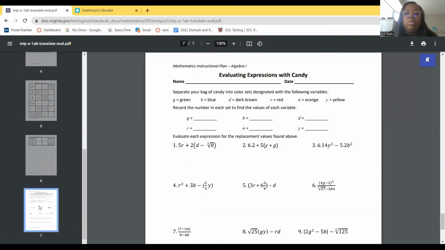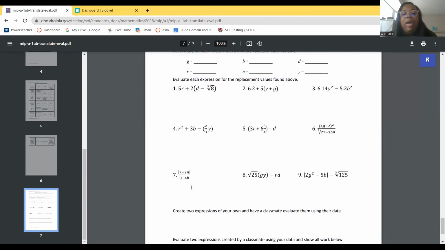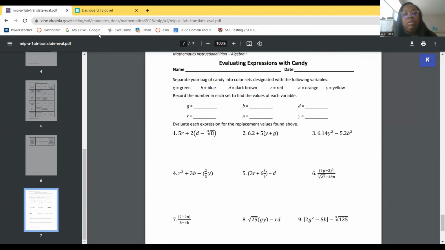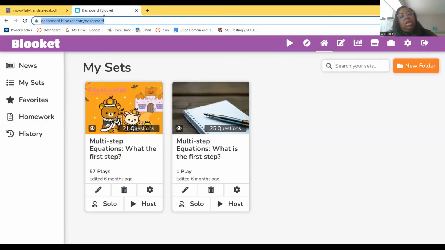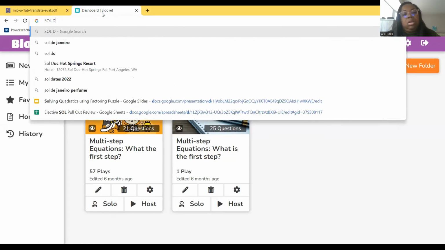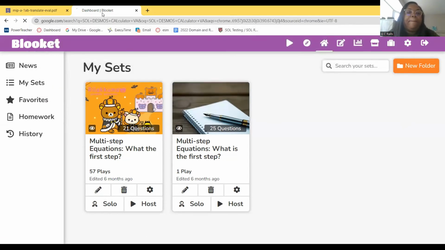But Desmos cannot use the letters X and Y. So I want to make sure that you are clear on that. If you use X and Y, Desmos is going to try to graph for you. So if I were you, I would make sure that when I'm using Desmos calculator, let me see, SOL Desmos calculator VA.